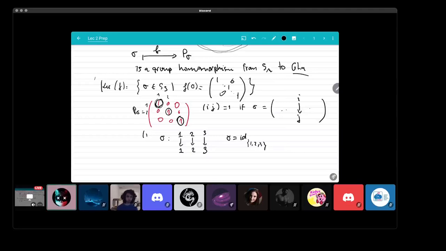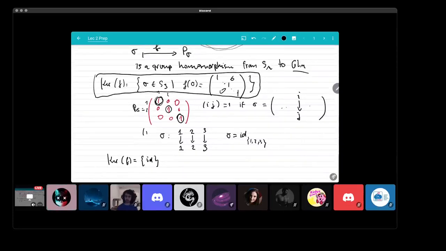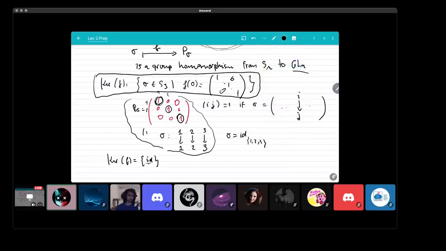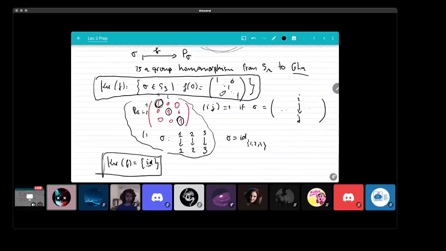And so the kernel of this morphism that we presented here is only the identity element. This little computation means that if any permutation is in the kernel, it must be the identity element, so the kernel consists of only one element.